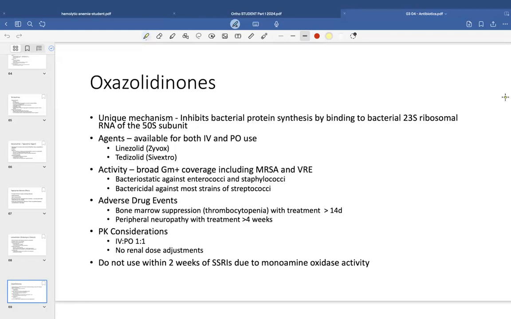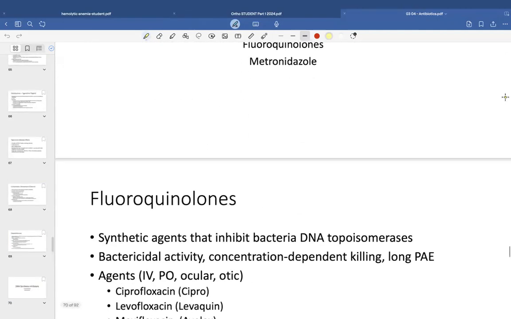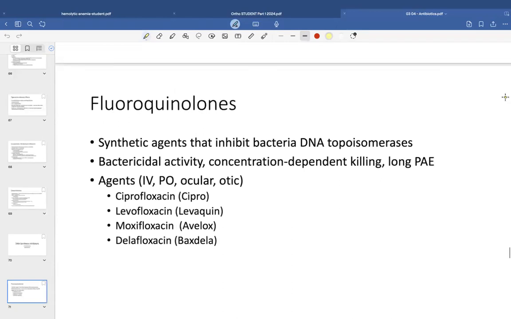Right, next group of drugs work on DNA synthesis. The fluoroquinolones and metronidazole. Fluoroquinolones are agents that work on DNA topoisomerase. This is an enzyme that unwinds the double strand of DNA, then allows it to be unzipped for replication.